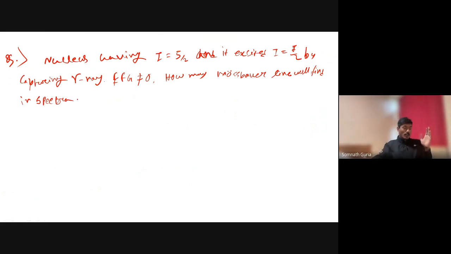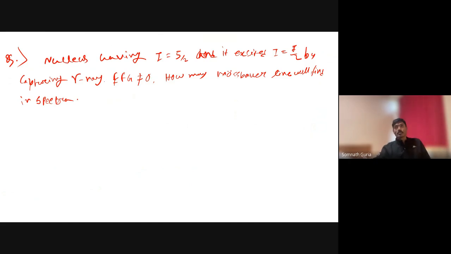We have I equals 5 by 2 and it is excited to I equals 7 by 2. And we have an EFG value, that means the electric field gradient is not equal to 0. That means there will be an electric field gradient.